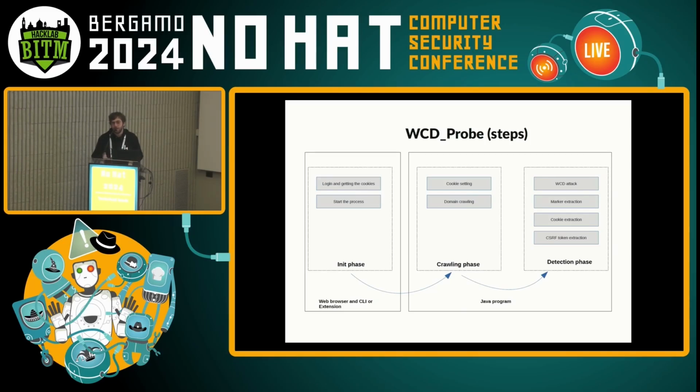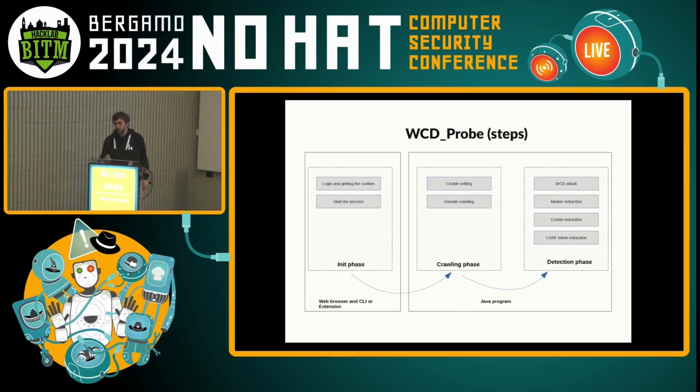The attack surface is basically all the HTML links. So if you collect all the HTML links, you have the whole attack surface. So it crawls the web application using a headless browser and collects all the links. Then for every link, it tries a web cache deception attack.